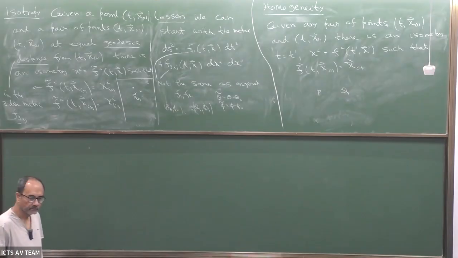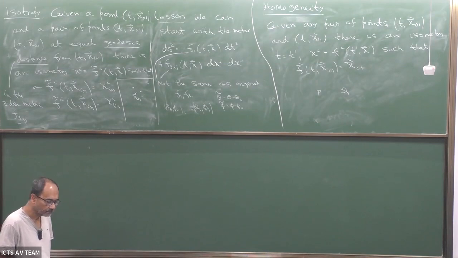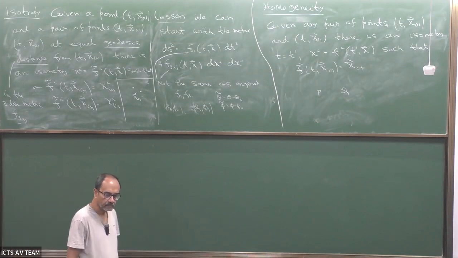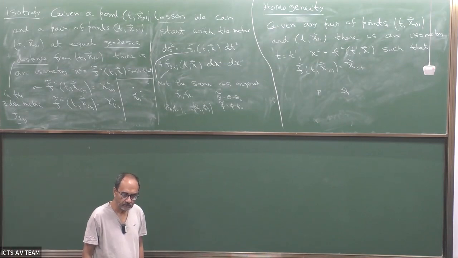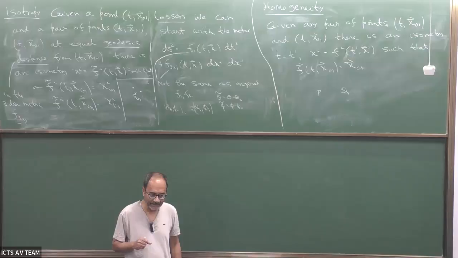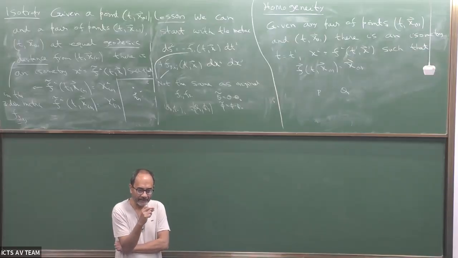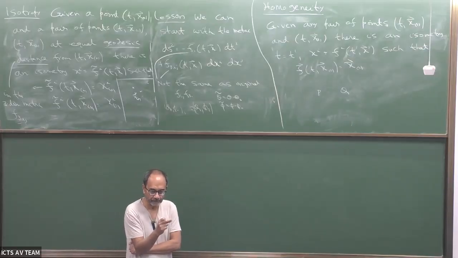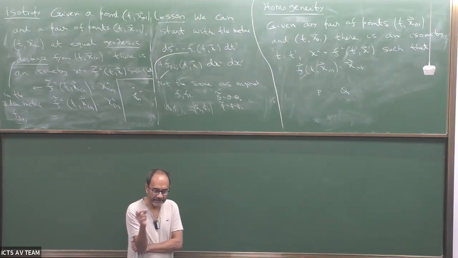Why is it necessary for x1 and x2 to be at equal distance? Think of flat space. Flat space is isotropic, we agree. Take the origin as x naught, and take two points which are not at equal distance.